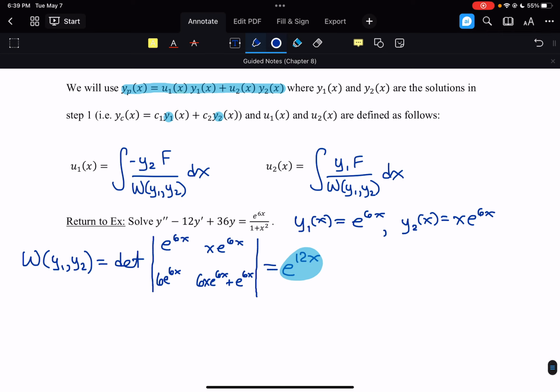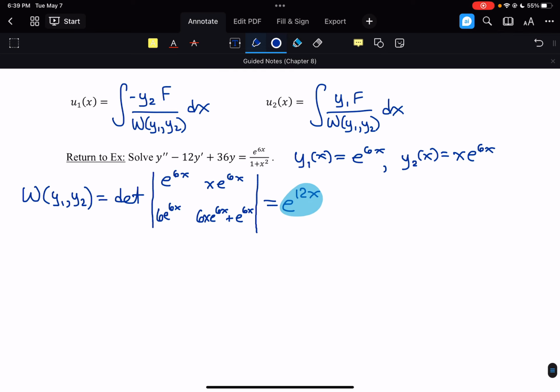So u1 of x is going to be the integral of negative y2. Let me go ahead and just put the negative out in front here. So negative e to the 6x times f. So f is this function on the right-hand side of the differential equation.